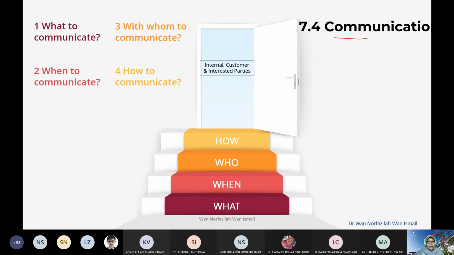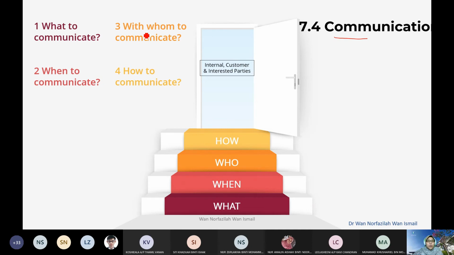Okay, when to communicate? If quality objective, of course, at the very beginning when you hire the person in charge. Takkanlah dah 2 tahun kerja baru nak bagi tahu hari ni. Okay, objektif lab kita nak capai 90% customer satisfaction. Orang tu dah kerja setahun 2 baru nak bagi tahu. Okay, so need to know what to communicate and when to communicate.